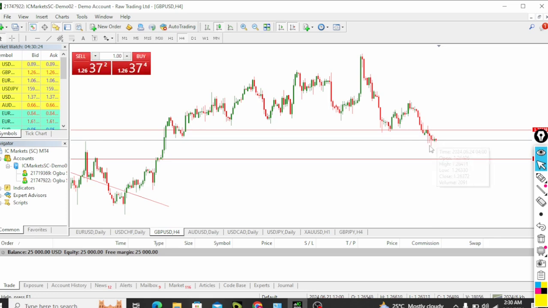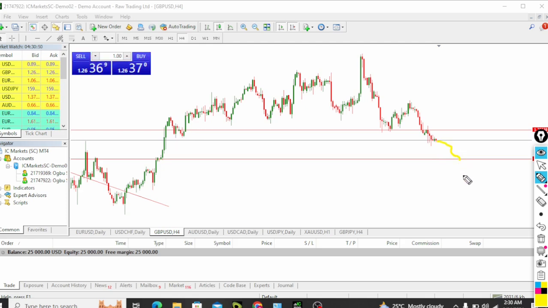So what we are looking at is a situation whereby this pair will at least, if not for anything, reach this point. I'm expecting it to reach this point, and that should give you at least up to 85 pips, 85 to 90 pips.